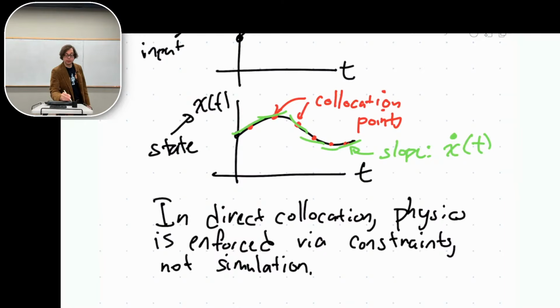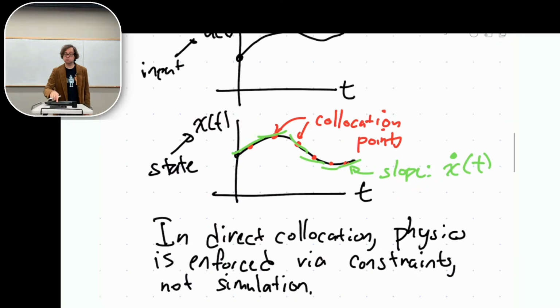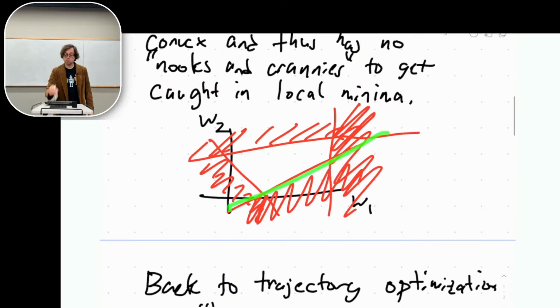So I ask you, my friends, wouldn't it be nice if these constraints that we're talking about are linear? Wouldn't that be nice? Can anyone think of why that would be nice? Wouldn't it be nice if we could wake up and all of our constraints were linear? Anybody got any ideas?